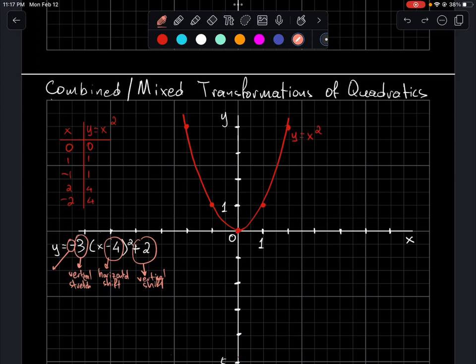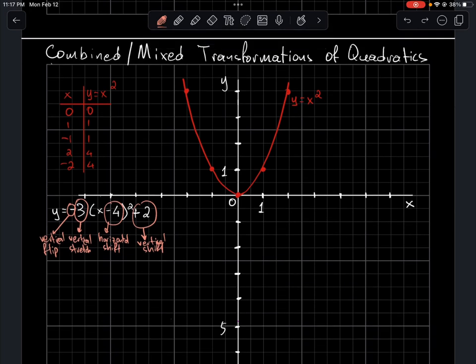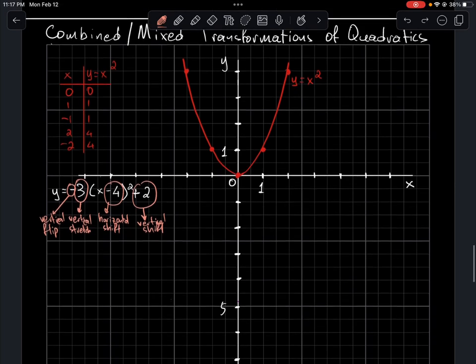It's not in front of the x, so it's a vertical flip. I say I have 1 vertical, 2 vertical, 3 vertical transformations. Those have to be done in the correct order, otherwise I'll get the wrong graph. PEMDAS is going to determine that order.